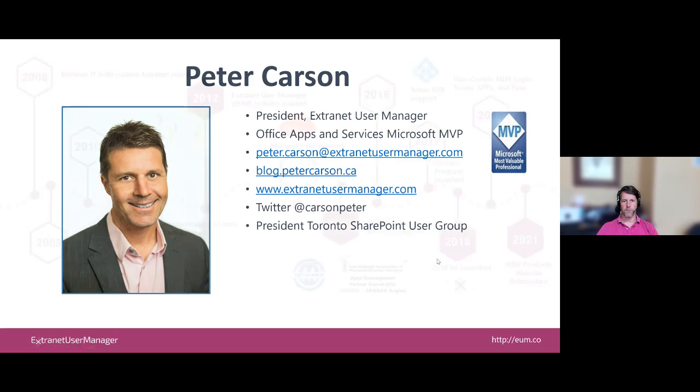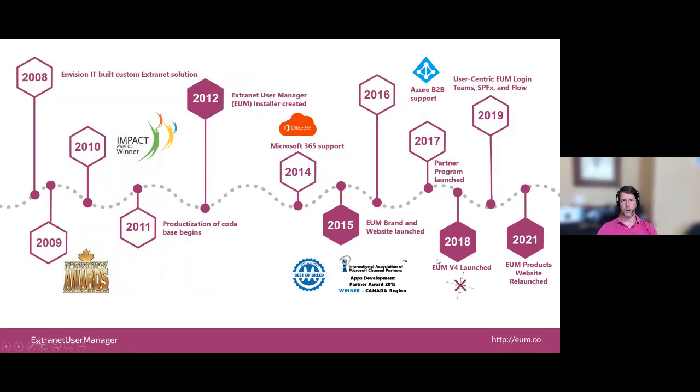A little background for those of you that are not familiar with Extranet User Manager: we've been in the external sharing space for actually over a decade, I guess, if we look back far enough. It has evolved a lot since then. We got into Microsoft 365 and B2B fairly early, around 2014 for 365 and 2017 for B2B. I guess it's been 4 years now.